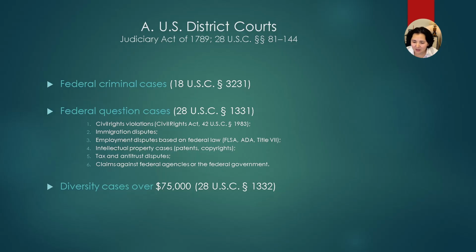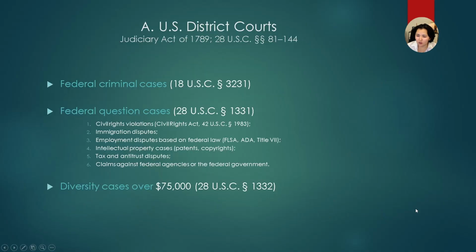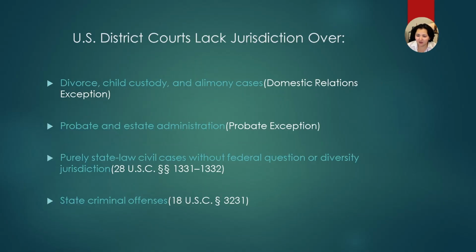What cases do district courts hear? They are the primary federal trial courts, and they hear federal criminal cases, civil cases, and diversity cases, exceeding 75,000. That is diversity jurisdiction. Why aren't specialized courts shown on this map? Because the map shows geographical districts and circuits.